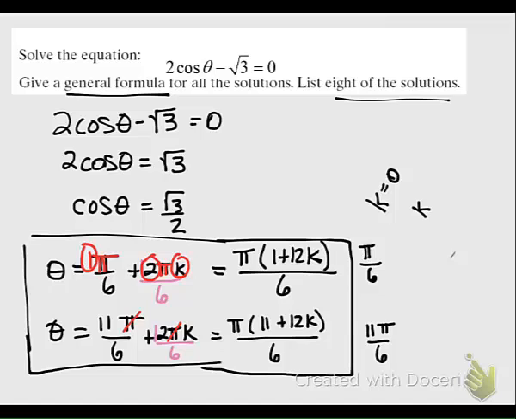Then plug in k equals 1. So 1 plus 12 times 1, 13. And then the second one, 23. Plug in k equals 2. Let's see, we've got 24 plus 1.